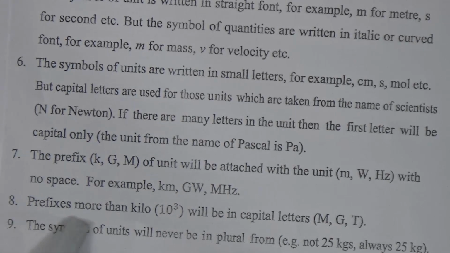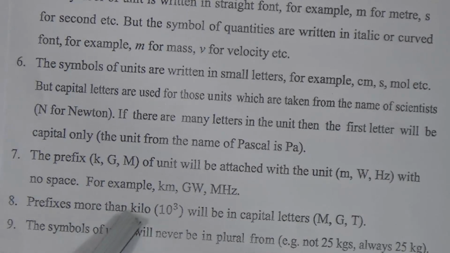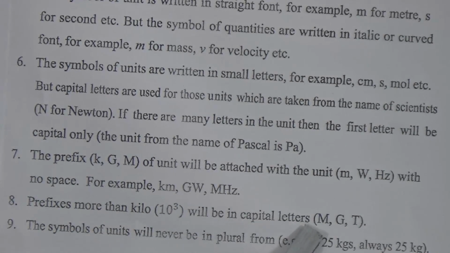Number 8, prefixes larger than kilo, that is above 10 to the power 3, will be written in capital letters, that is M, G, T. Number 9, the symbol of a unit will never be in plural form.